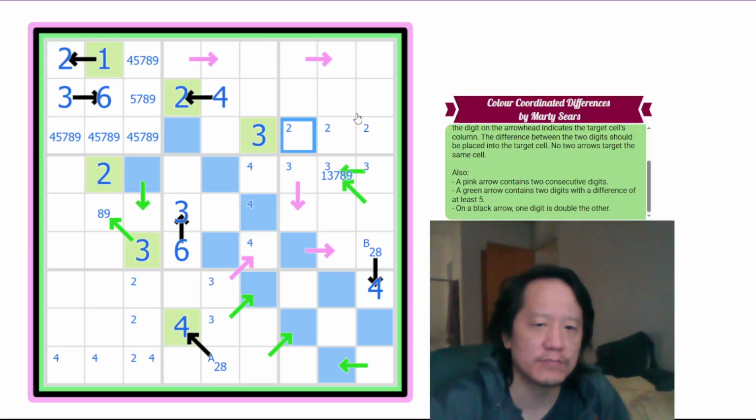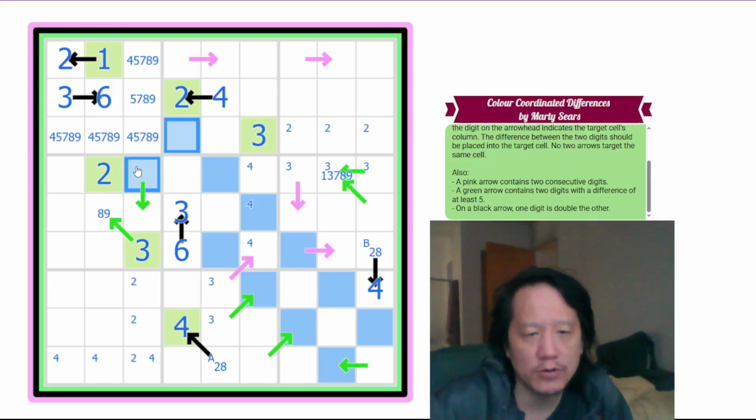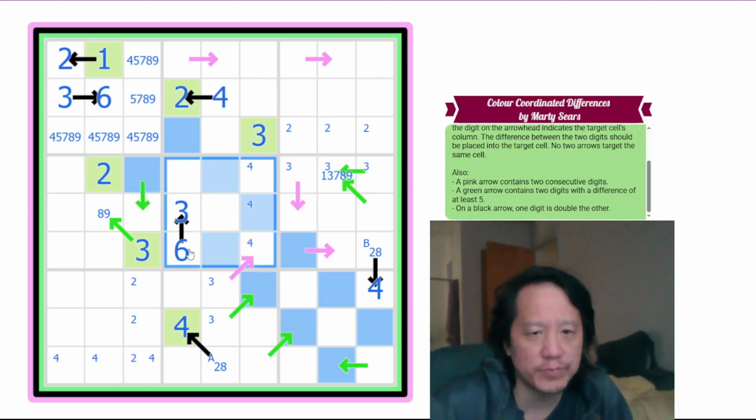But yeah, if we had 1, 2, 3, 4 here, that would eliminate all possibilities for 1 in this central box. So that's interesting.